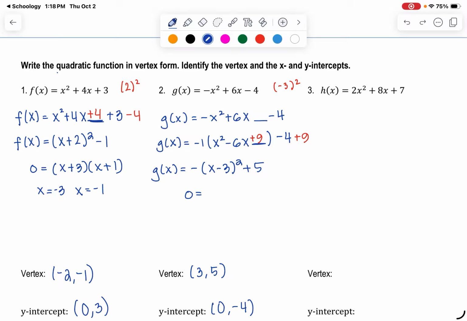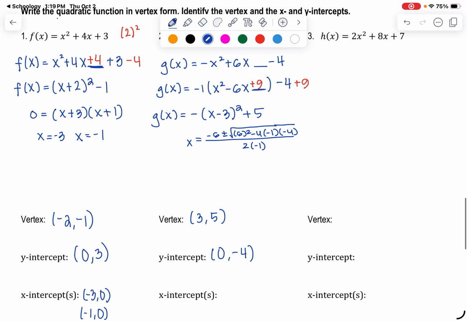So I'm going to do the opposite of b, which is -6, plus or minus the square root of b squared minus 4 times a, which is -1, times c, which is -4, all over 2 times a, which is -1. So that gives me, instead of 0 equals, x equals, because I set the function equal to 0 and solve, right?